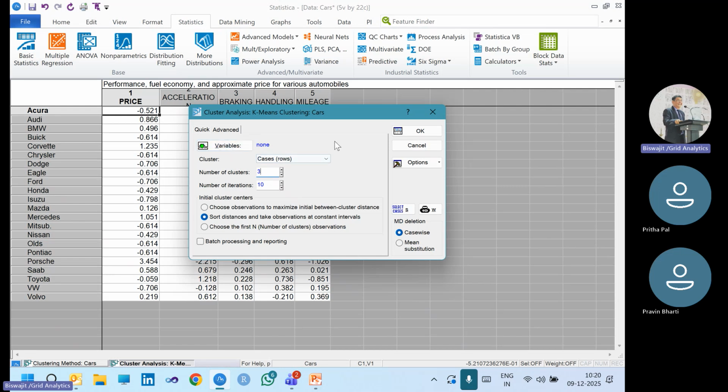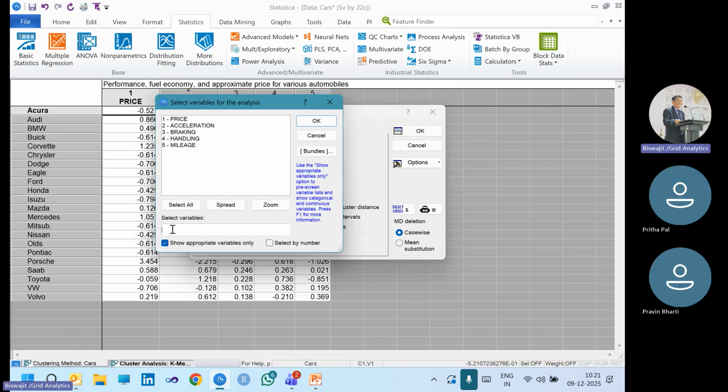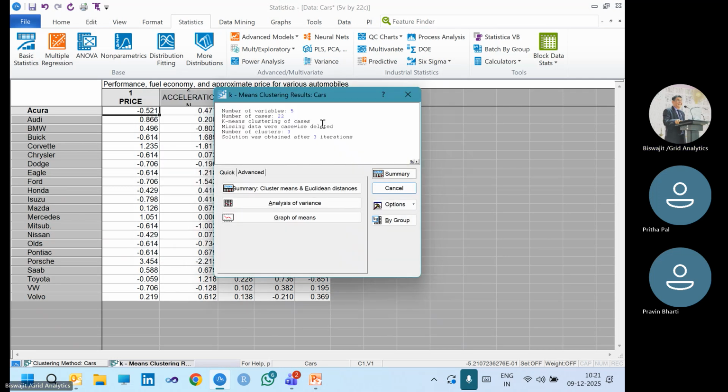Fine, so let's go with this selection. We select all the variables. We can do it another way: suppose I press shift and star, it will select all the variables, right?